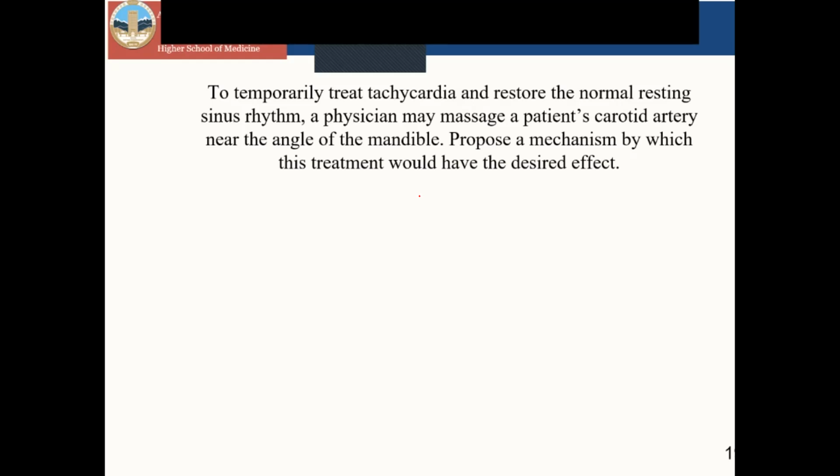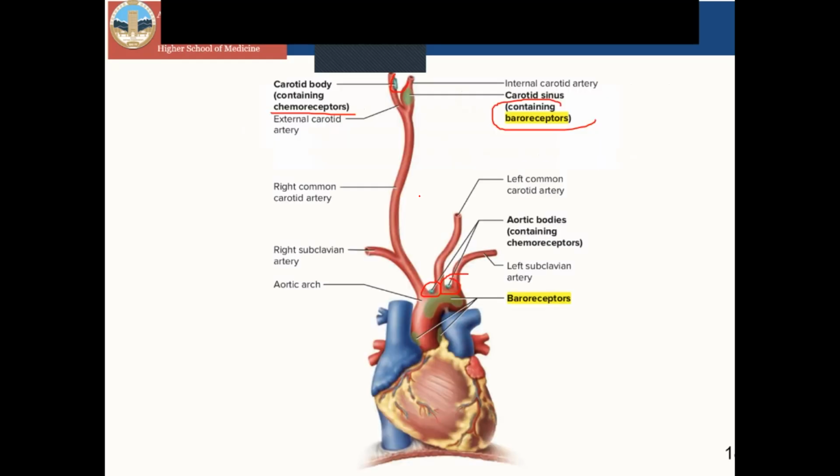You see, these baroreceptors respond to pressure. They are located inside the vessel, inside the internal carotid artery. When your pressure increases, it presses on the arterial wall, and the baroreceptor activates, gives signals to the cardiac center, and the vagus nerve activates and decreases our heart rate.